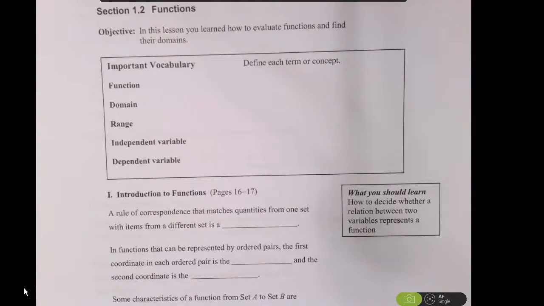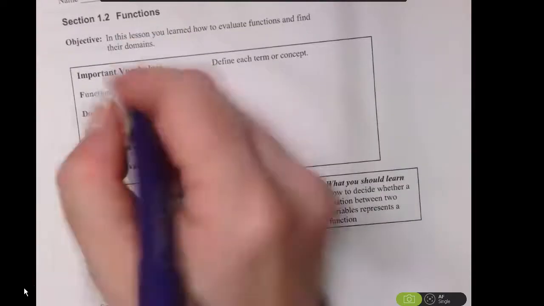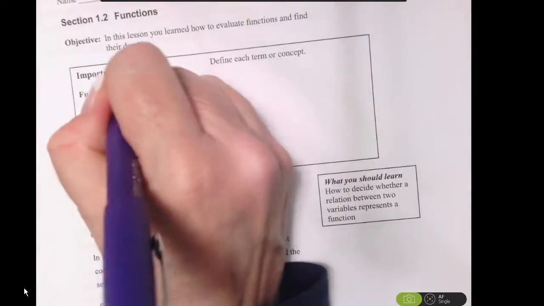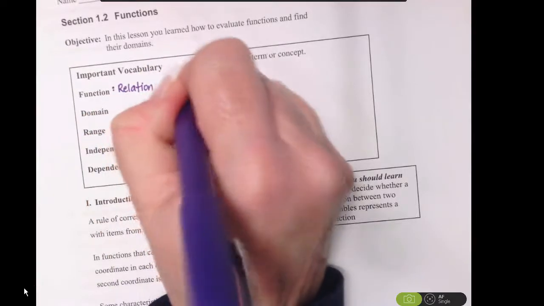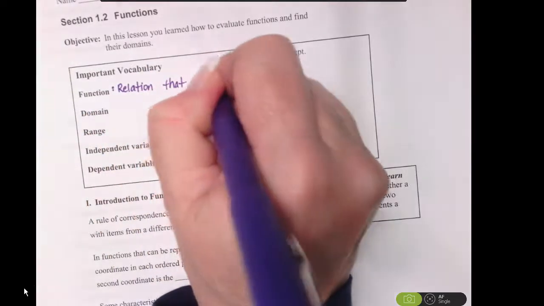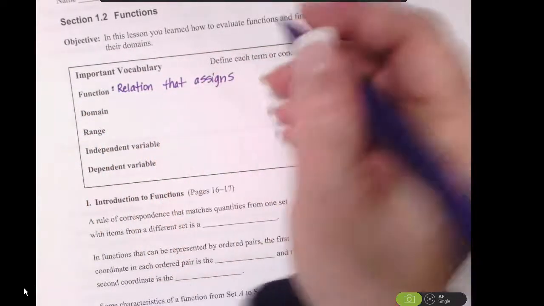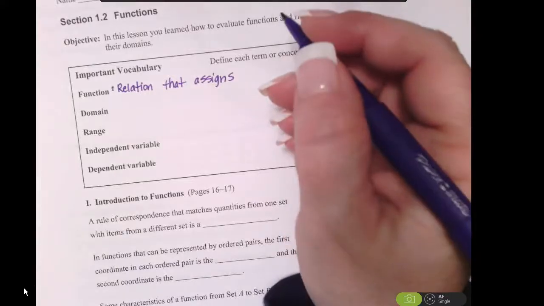Okay, Unit 1-2 or Section 1-2 is a pretty big review from Algebra 2 on functions. So quickly let's define a function, and that is a relation that assigns to each element x.